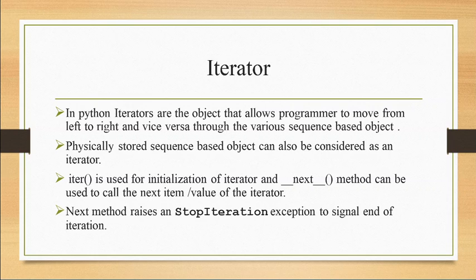A physically stored sequence-based object can also be considered an iterator. The iter method is used for initialization of the iterator and the next method can be used to call the next item or value of the iterator. The next method raises a StopIteration exception to signal the end of the iteration.